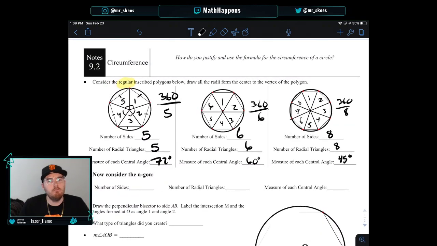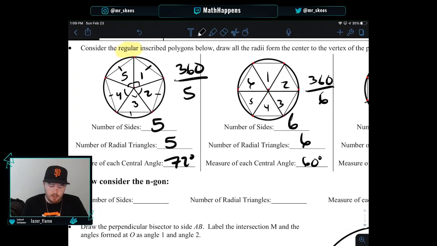So let's generalize this. Let's consider an n-gon. N-gon meaning we don't know how many sides it has. Does it have 10 sides? Does it have 14 sides? Does it have 200 sides? Does it have 1,000,000 sides? You can have a shape with any number of sides you want. Let's call the number of sides n. And what did you notice?